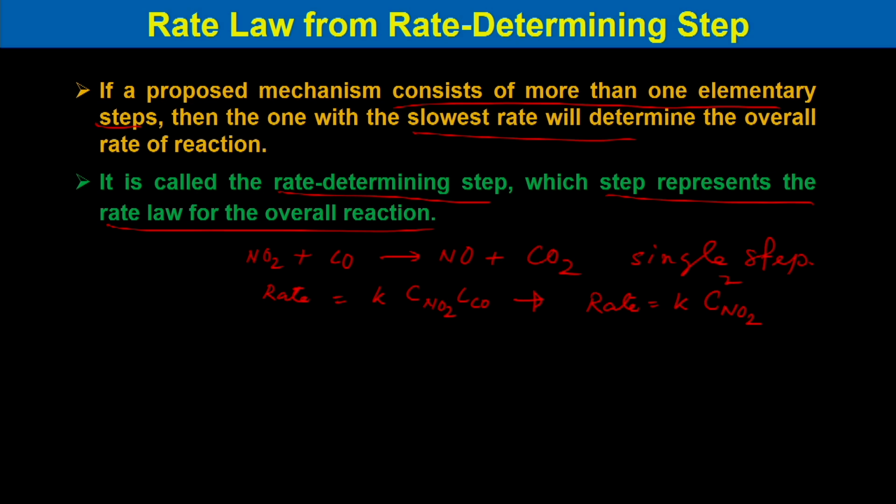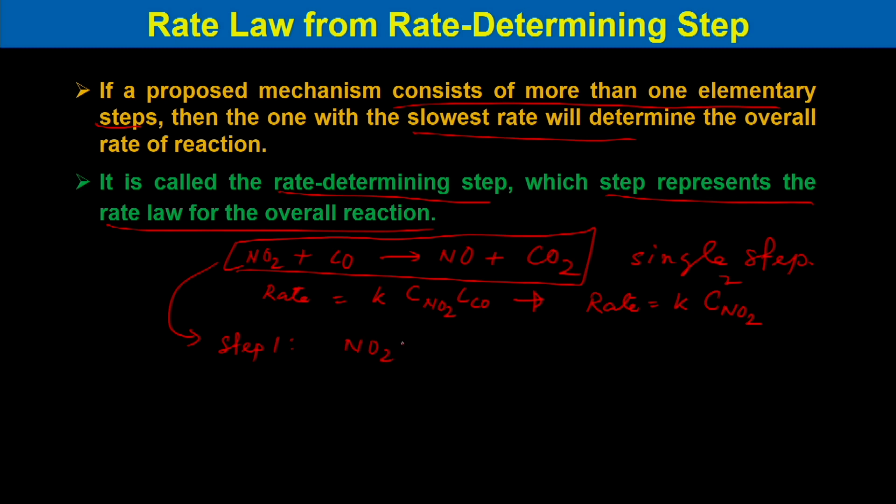So, now if we propose this reaction in two elementary steps, we can write step 1: NO2 reacts with NO2, forming NO3 plus NO with a rate constant K1.